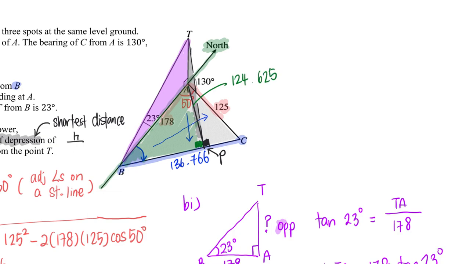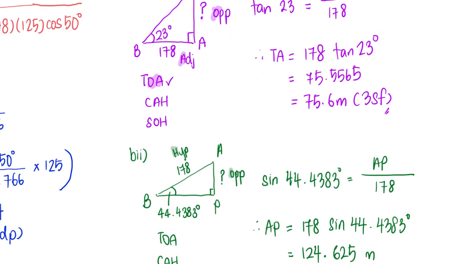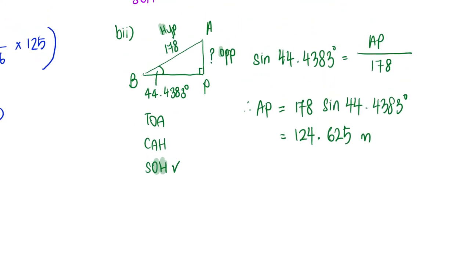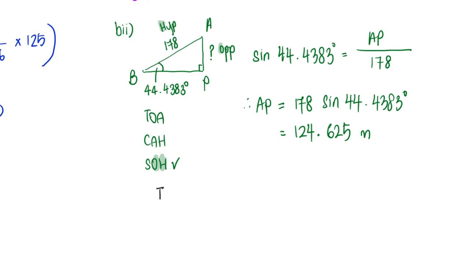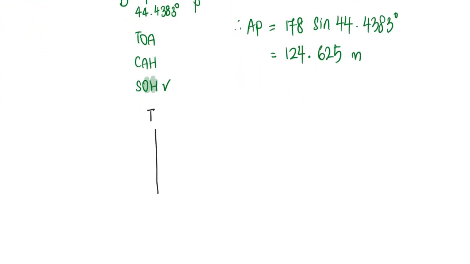Then, now that I know my AP, I can go back to draw my TAP, okay? Which is a right angle triangle as well. I got my AP 124.625.